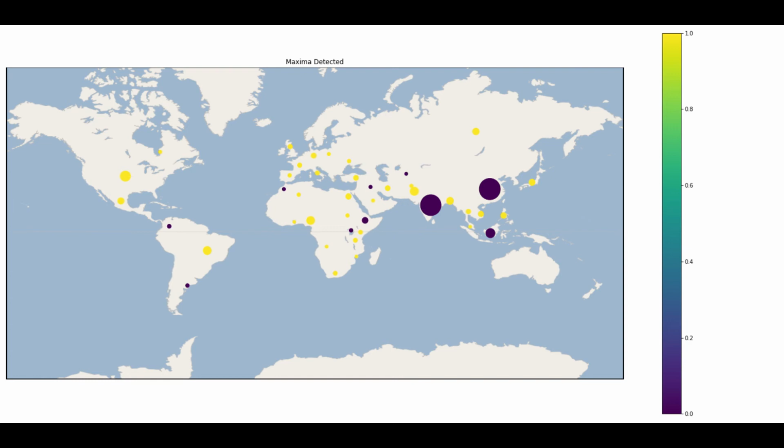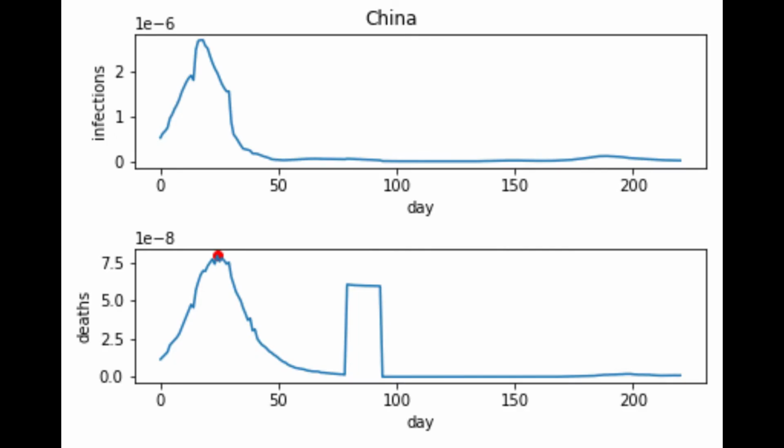We can take a look at the examples of India and China to see what this actually means. With China, we see a local maximum on the death curve, but not on the infection curve, although visually there is a local maximum on the infection curve. The reason it is not detected is that the local maximum pointed out here is closer than 20 days to the beginning.